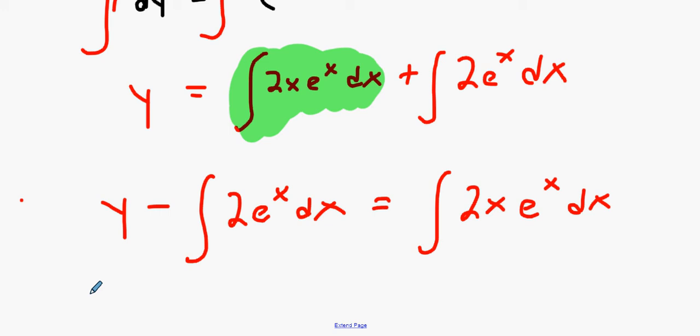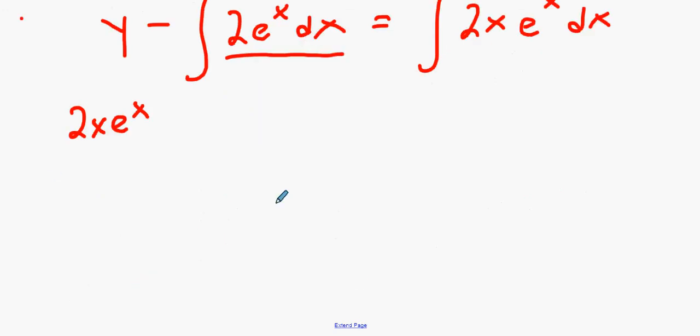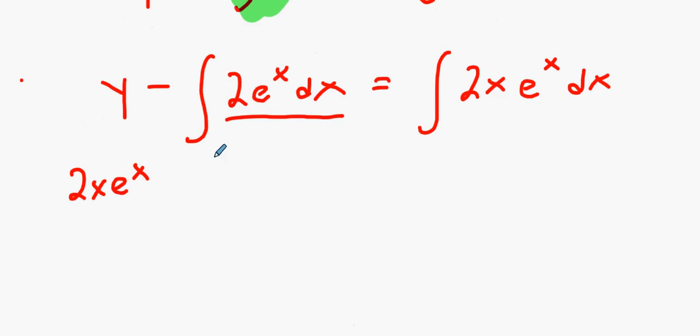Exactly. Now, what's the integral of 2e to the x? That's what we're on now. What is it? 2e to the x, no worries. What about the power? Just 1, isn't it? So, nothing to worry about, and just add on c. And that's our answer. Who got that one?